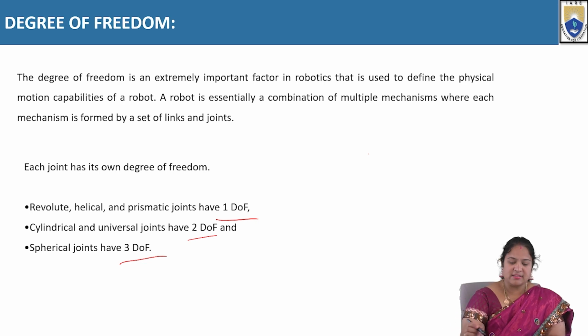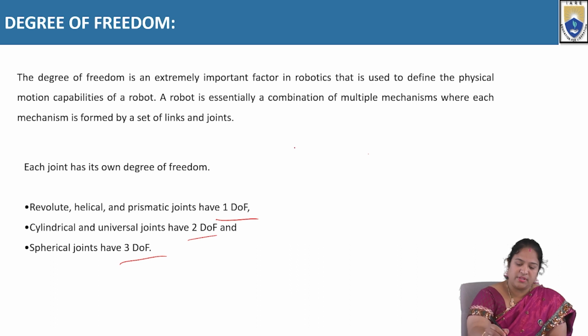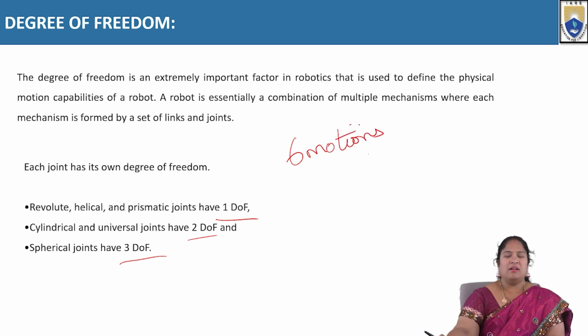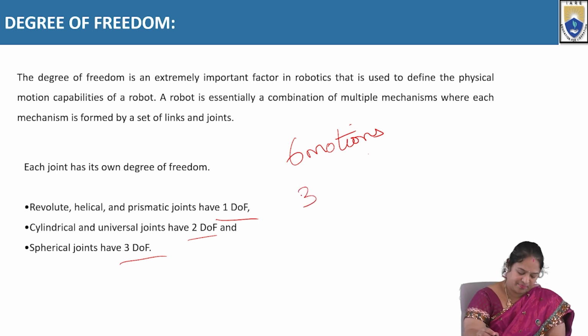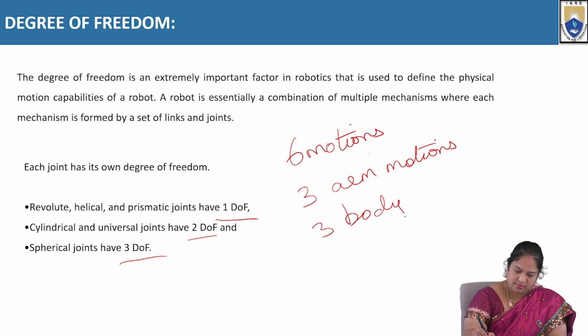Now, there are generally 6 motions occurring in a robot, where 3 are arm motions and 3 are body motions.